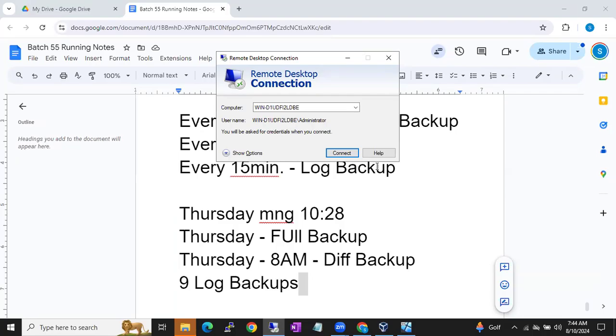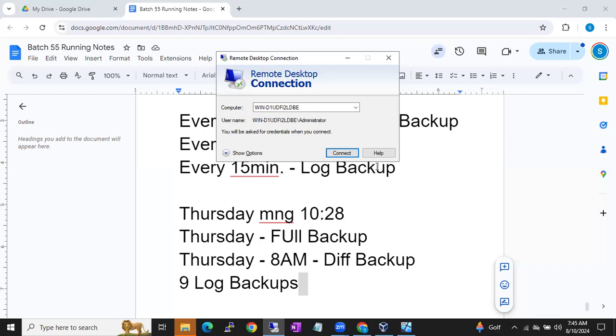For example, if your database is corrupted at 10:28, then with the existing log backups, maximum up to 10:15 I can recover. So 10:15 is your RTO. Is it clear now?